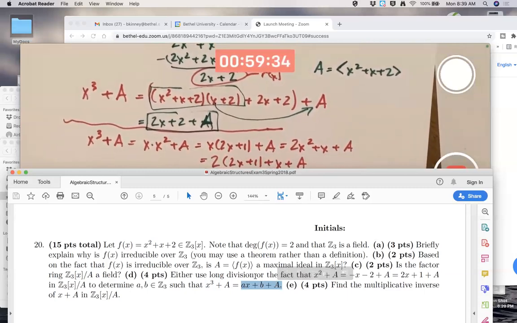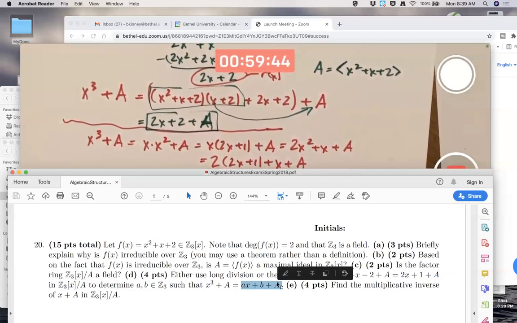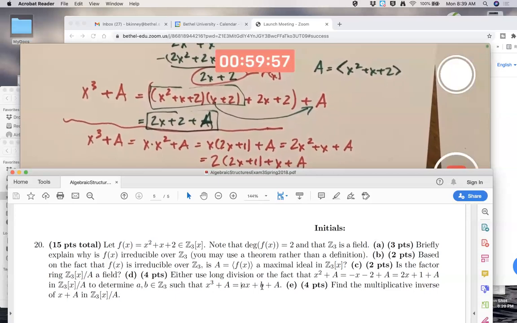So the point that I'm trying to make here is that all elements of the factor ring ultimately can be written in this form, where A and B are in Z3. Which also means, if you think about it, that this factor ring has 9 elements. It's a 9-element field, actually. Because there's 3 choices for little a and there's 3 choices for little b.